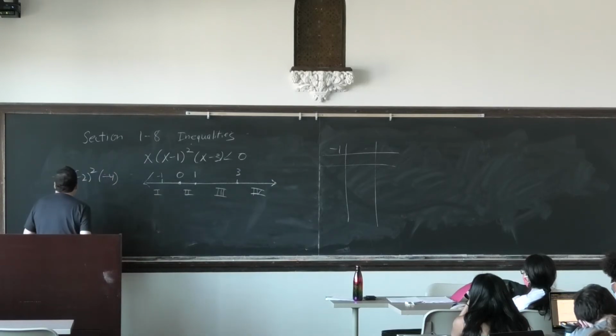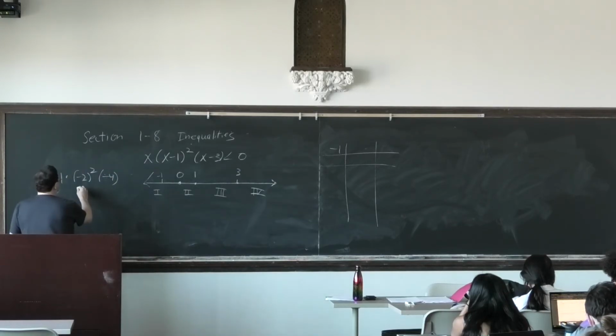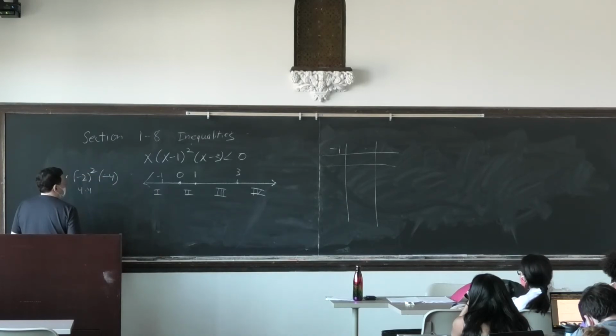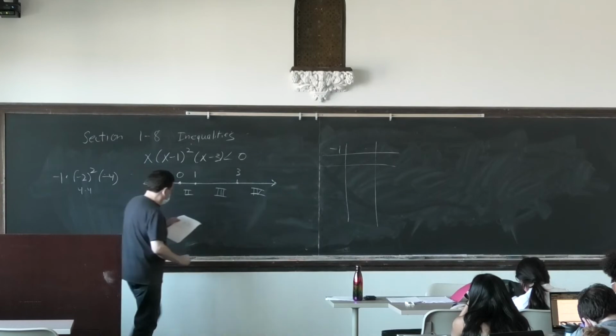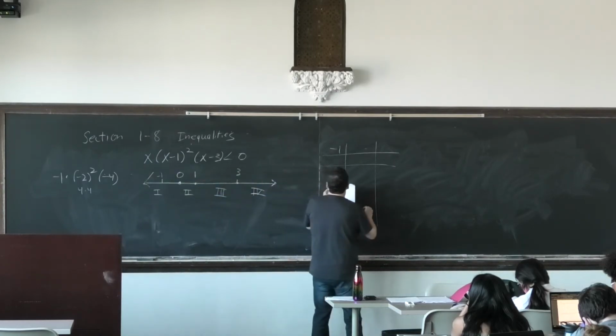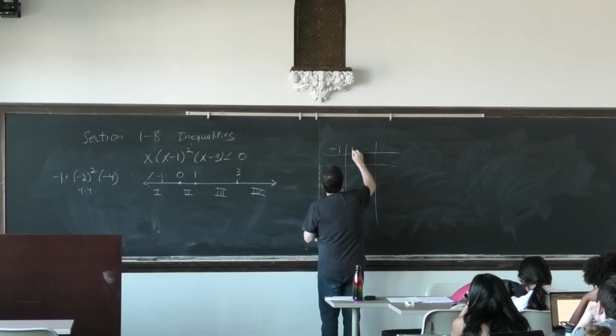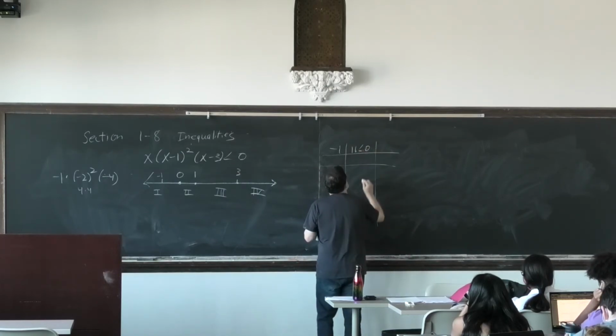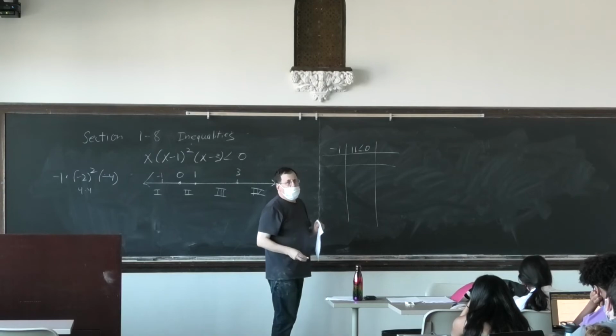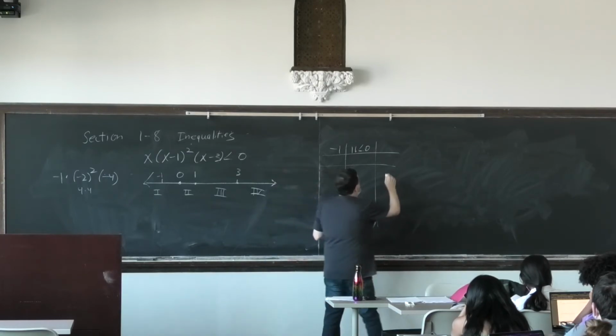Thank you. Okay, so this is 4. This is 4. So that's 16. So we have 16 less than 0. Well, I'm just going to write this as false.